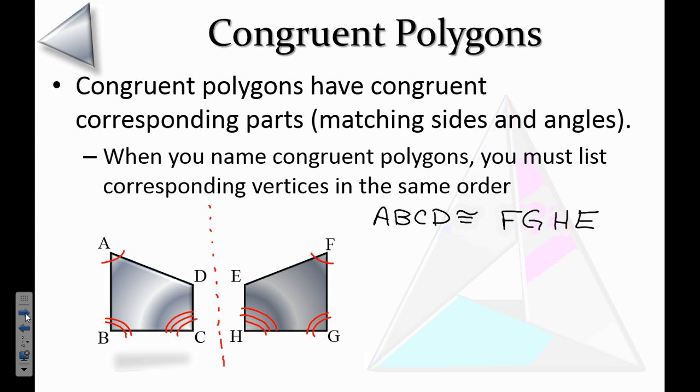And then finally, D is congruent to E. So far, so good? Do we need more time writing, or are we okay? We're good? Okay.